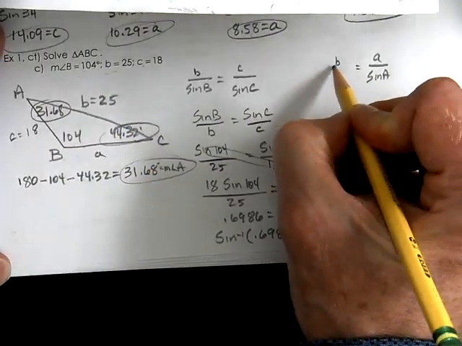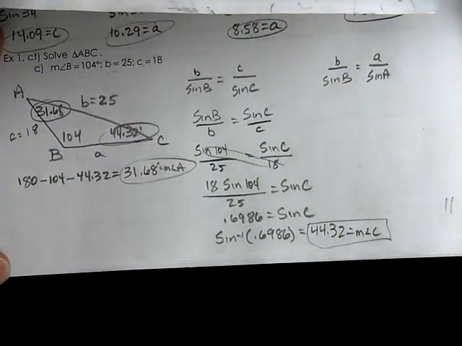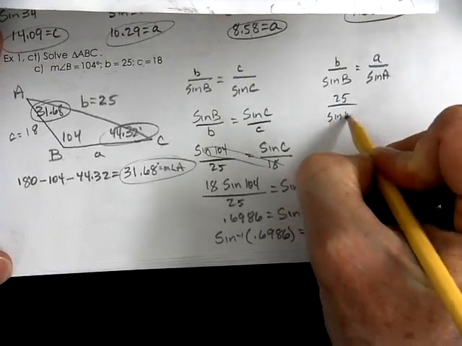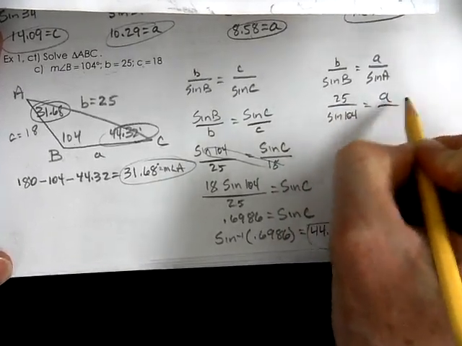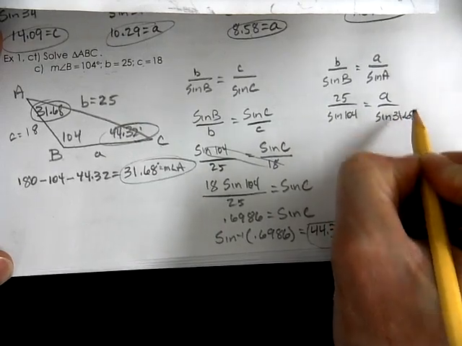So I think that's better than using C. But it really wouldn't matter. You can use C if you wanted to. So 25 over the sine of 104 equals A over the sine of 31.68.